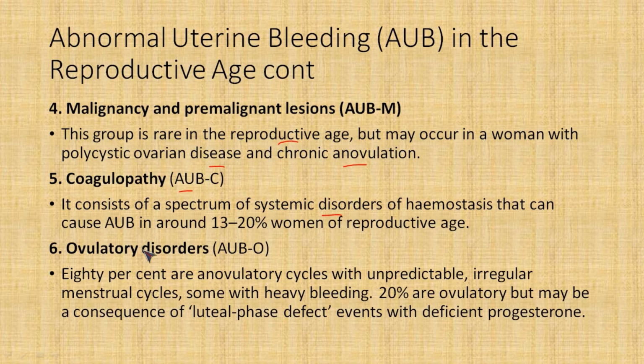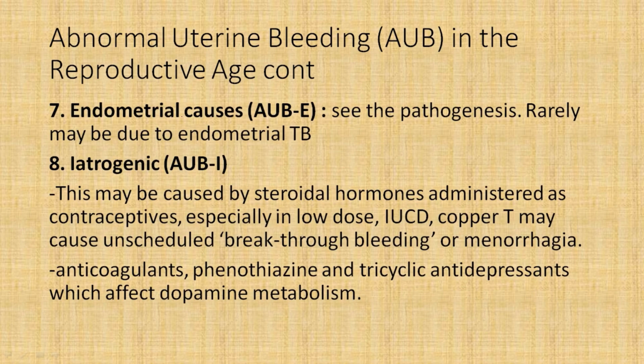Sixth is ovulatory disorders, AUB-O. 80% are anovulatory cycles with unpredictable, irregular menstrual cycles, some with heavy bleeding. 20% are ovulatory but may be a consequence of luteal phase defects, with deficient progesterone. So seventh is endometrial causes, that's AUB-E. Rarely the pathogenesis may be due to endometrial TB, that's endometrial tuberculosis.